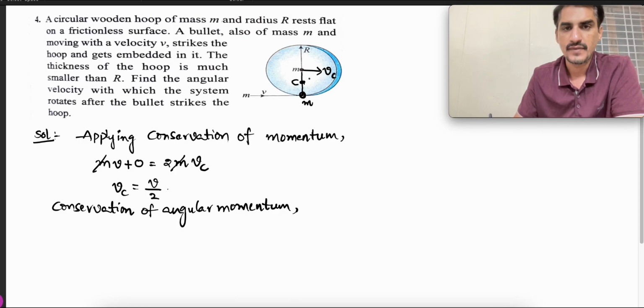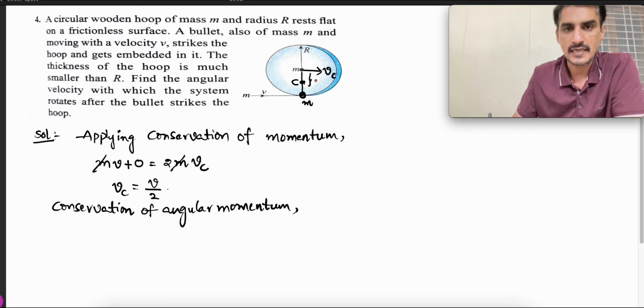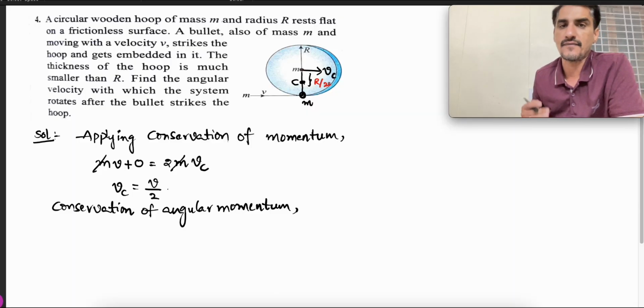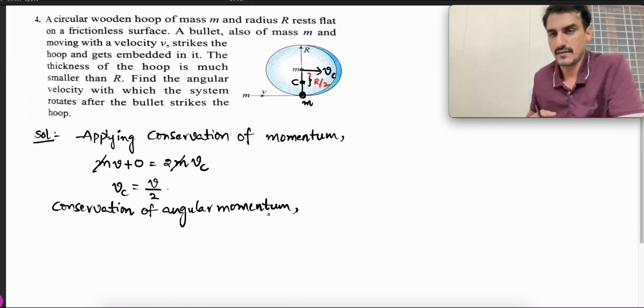Yes or no? So at what distance is it? It is at R by 2 distance. Let me write it clearly. It is at a distance of R by 2, either from the center of the hoop or from the bullet.